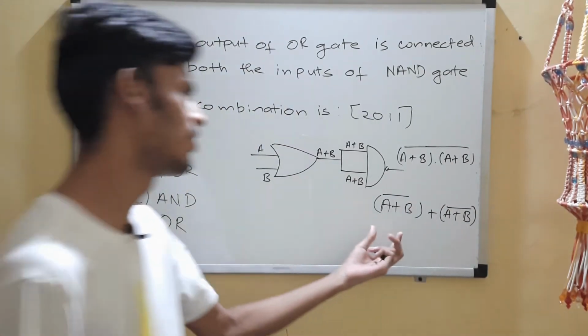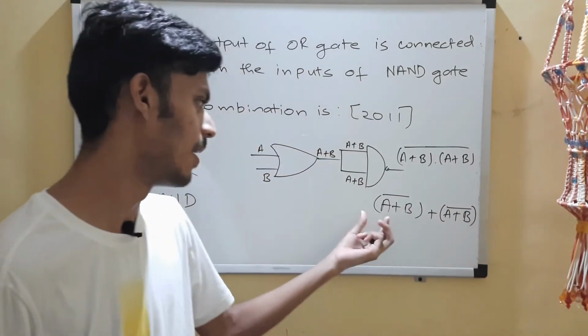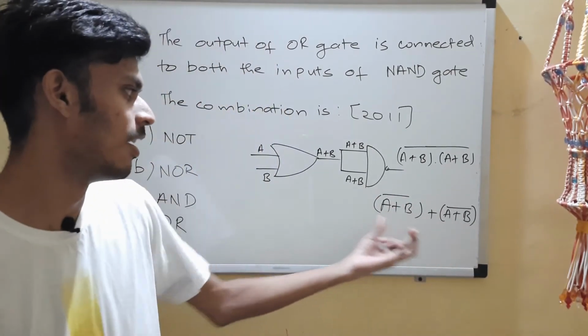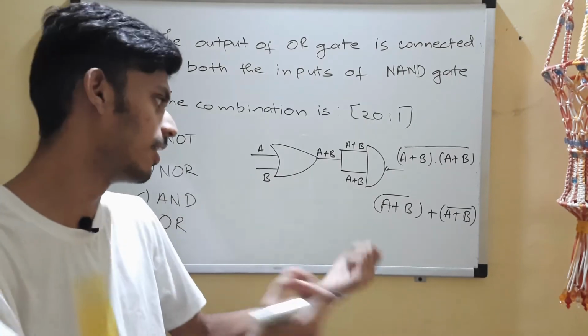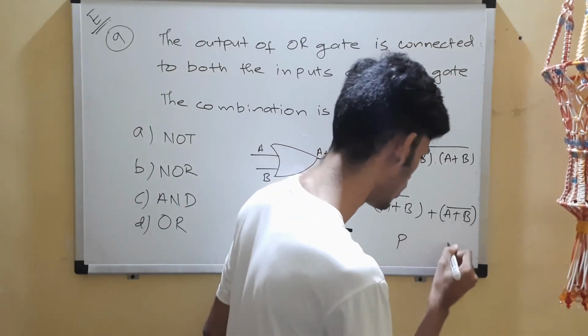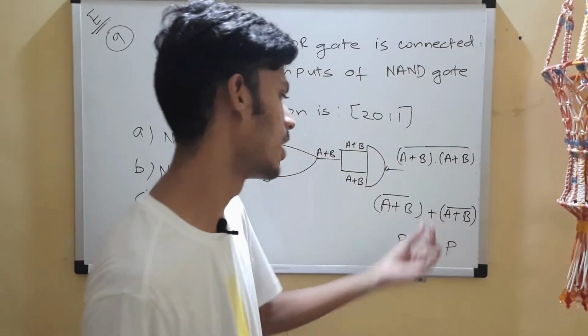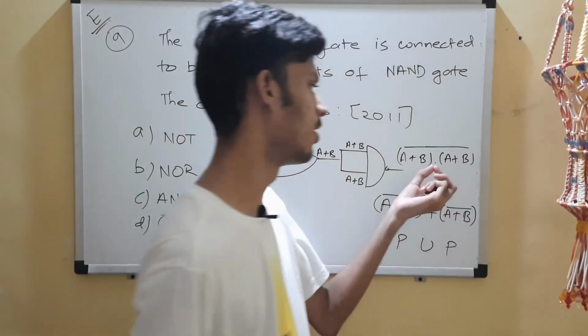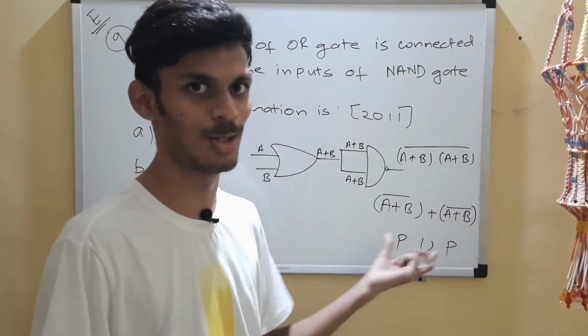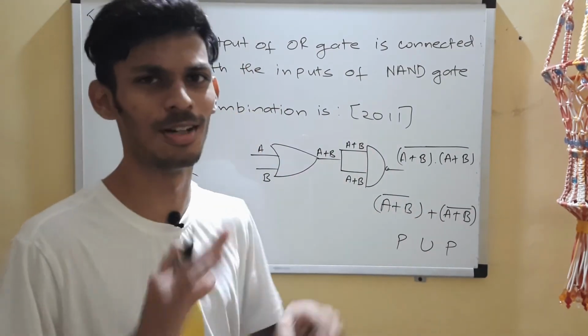Now instead of writing it as two times (A plus B) the whole complement, it will be the same thing, right? You can compare it with your set theory. You can say that this is set P and this is also set P. Instead of plus, you can put a union sign; instead of dot, you can put an intersection sign. You can also solve it this way if you don't know the Boolean thing.